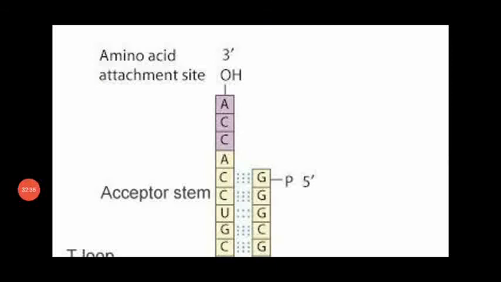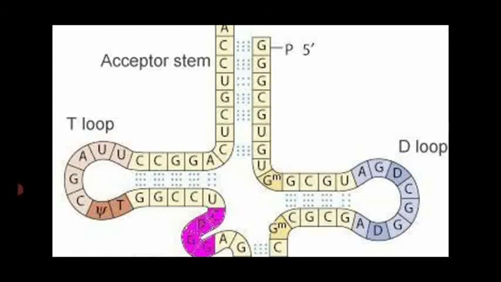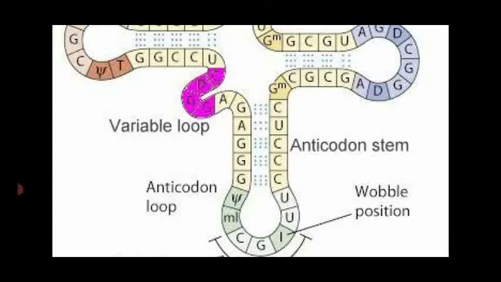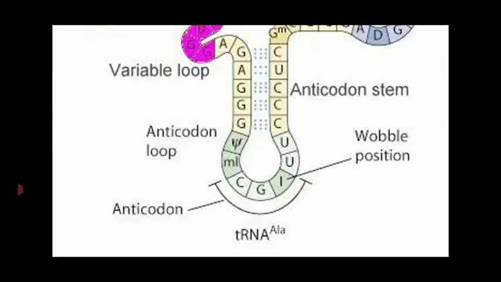Dear students, this diagram shows the 2 sites of tRNA attached to the ribosome. First one, A site, the amino acid or tRNA binding site, amino acid attachment site, acceptor arm, D loop, T loop, then variable arm. This is the anticodon arm.